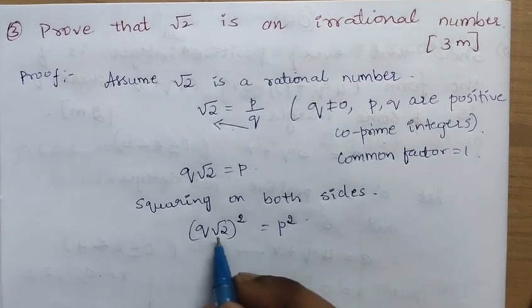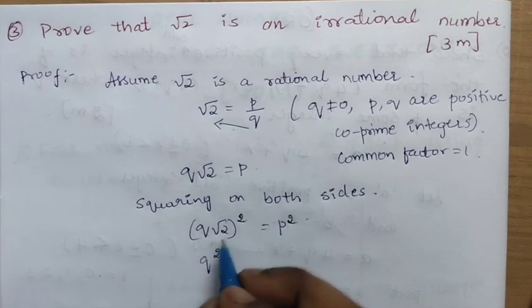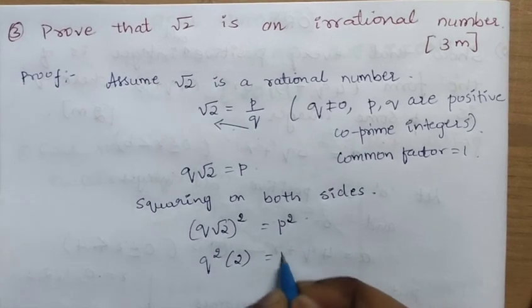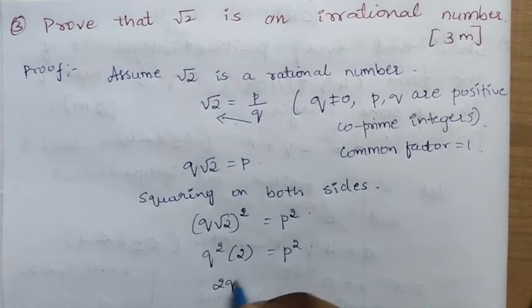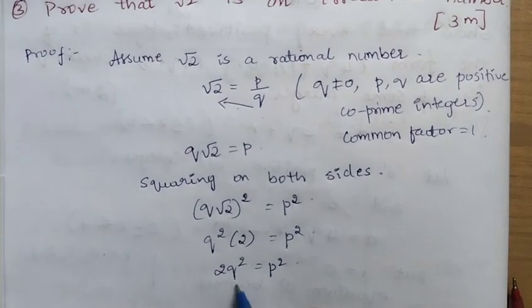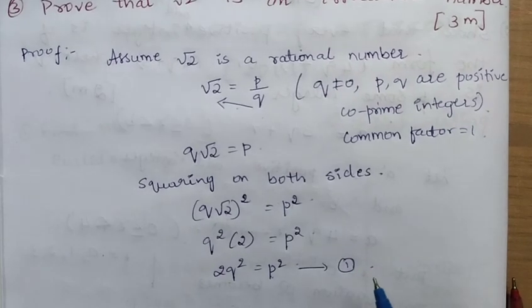This square applies to both, that is, q square times root 2 whole square, which is nothing but 2, is equal to p square. I can rearrange this equation as 2q square is equal to p square. This is my equation 1, a very important equation.